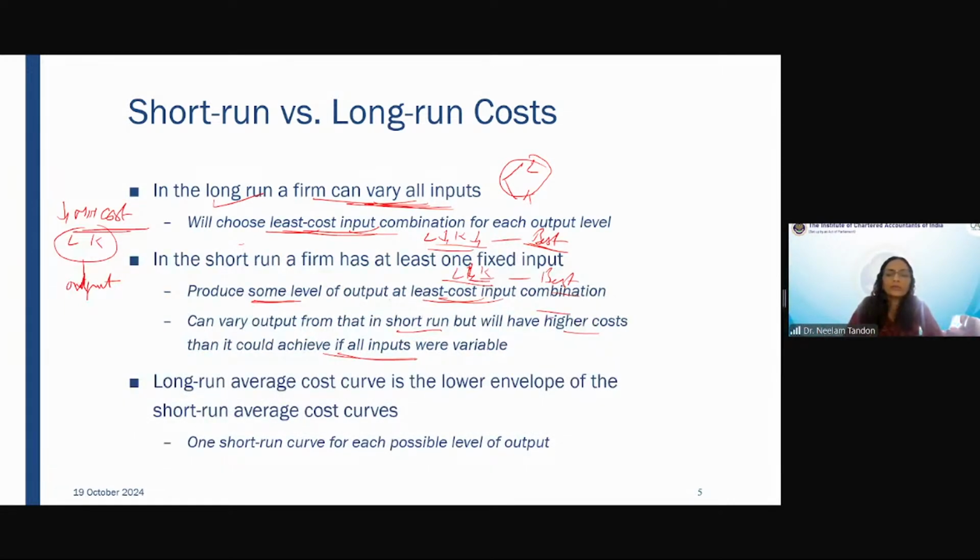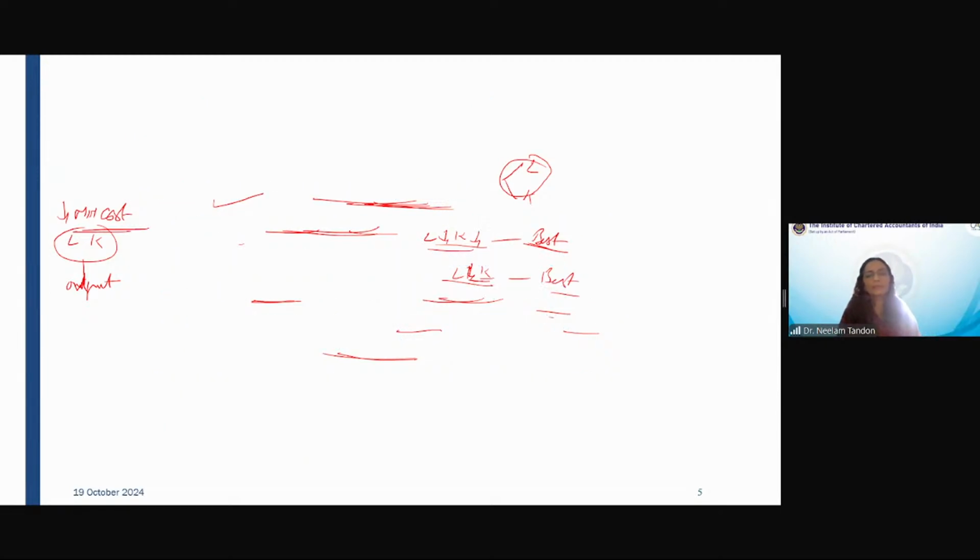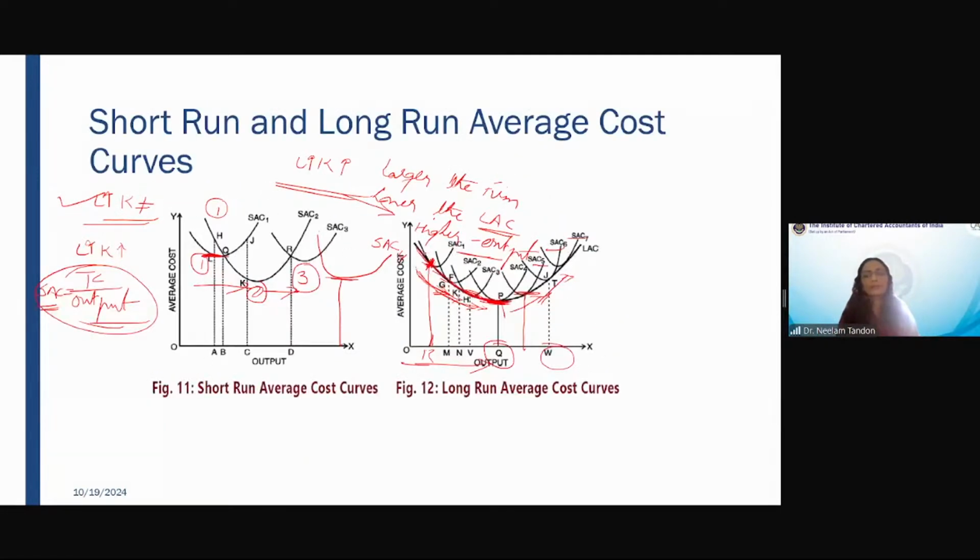Long term average cost curve is lower envelope of the short term average cost curve. This we have shared. This is the envelope curve, which you get by the short term average cost curve.